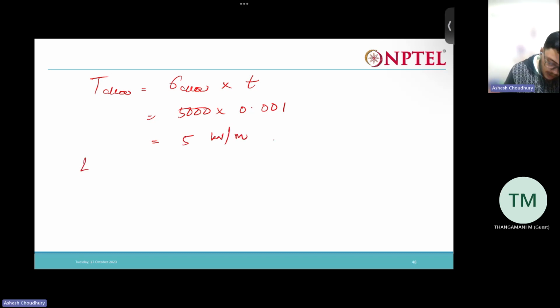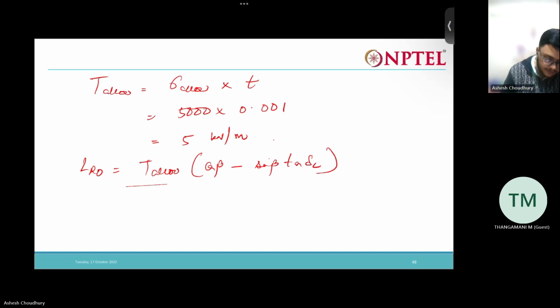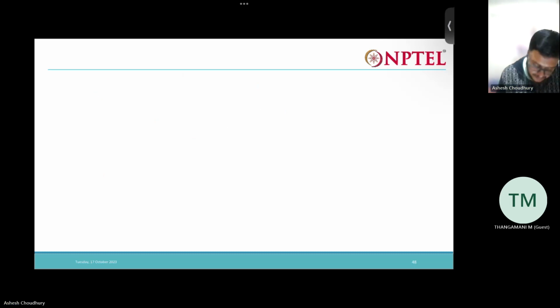Now, T allowable by cos beta minus sin beta tan delta L, in delta U plus delta L.